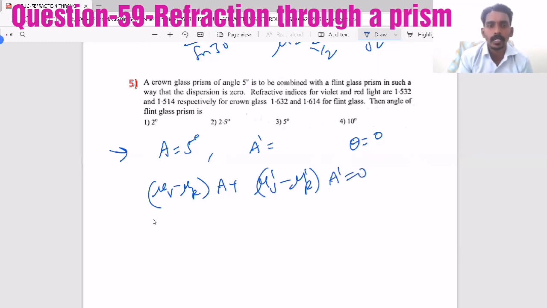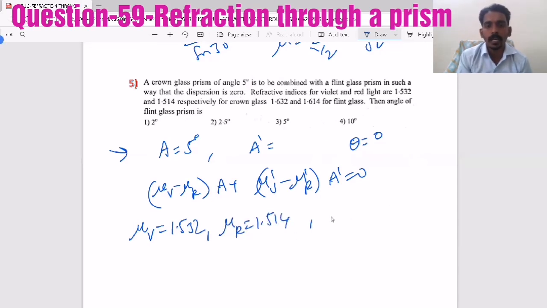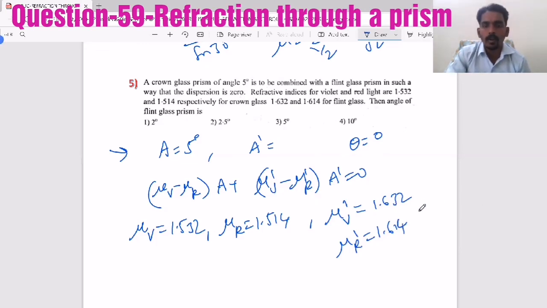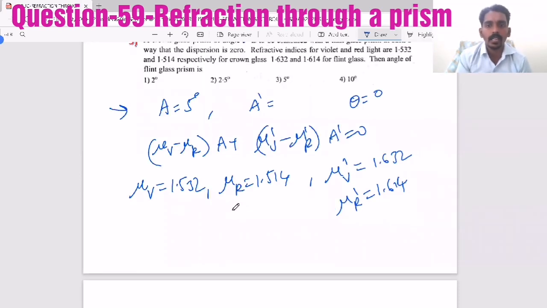Now refractive indices for violet and red light: for the first glass, crown glass, mu V is 1.532, mu R is 1.514. For the other glass, flint glass, mu V dash is 1.632 and mu R dash is 1.614. Obviously violet mu is greater than red light. Now they are asking the angle of the flint glass prism, that means the A dash value.